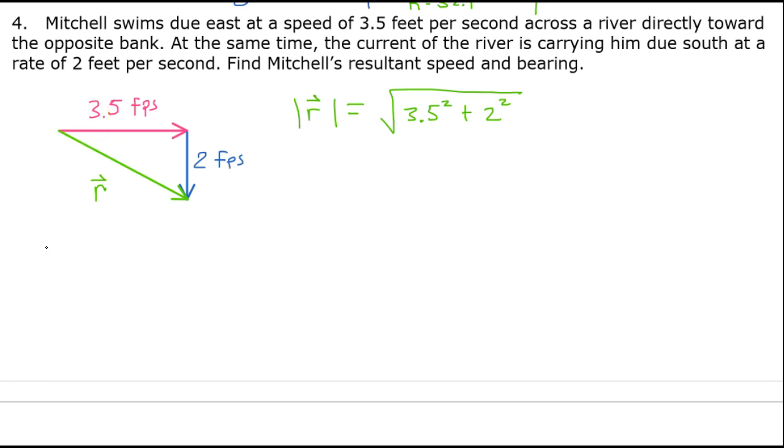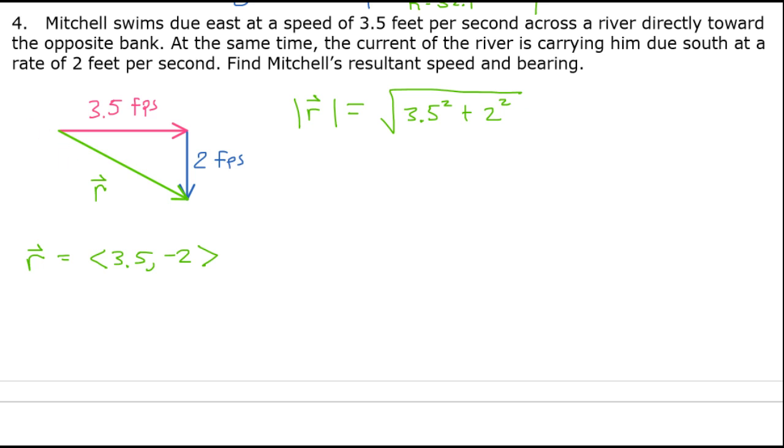Because really, in component form, vector R is 3.5 comma negative 2. This is the resultant vector in component form.